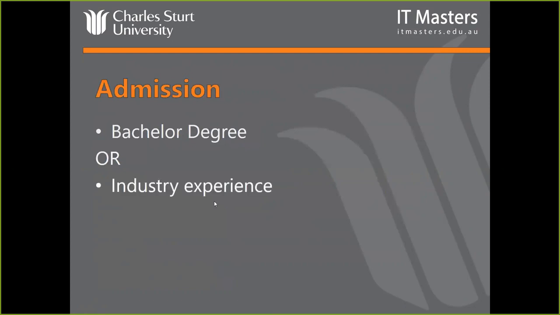So we have an industry experience pathway. Providing you've got a minimum of 2 years experience in the industry, you can come in via what's called a graduate certificate pathway. A graduate certificate is 4 subjects taken from the masters that you want to do, and providing you pass them, you then transfer into your masters and you get full credit for what you've already done.